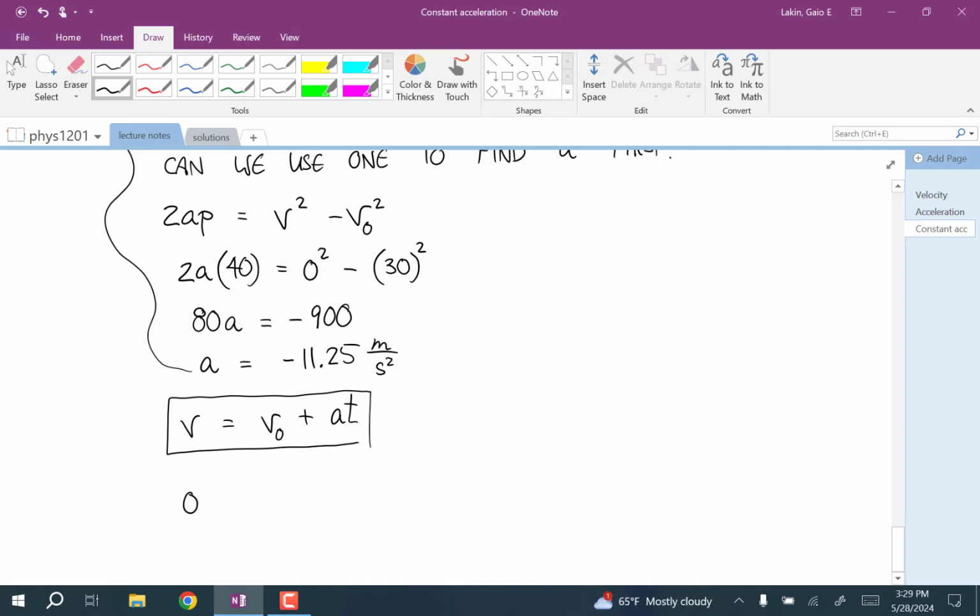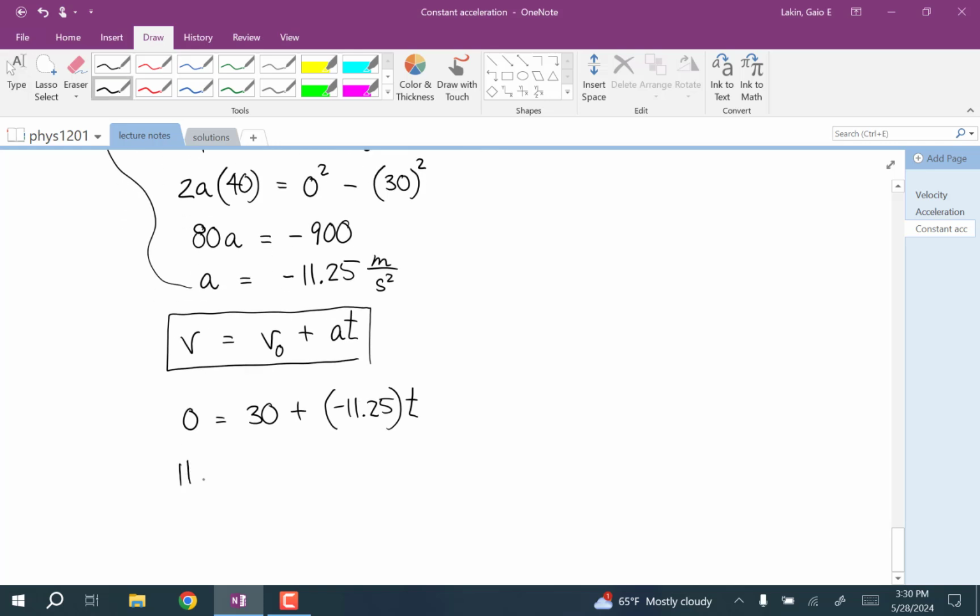Our v is 0. Our v sub 0 is 30. Our a is negative 11.25. Our t is what we're trying to find.